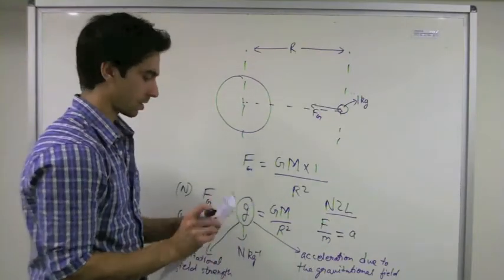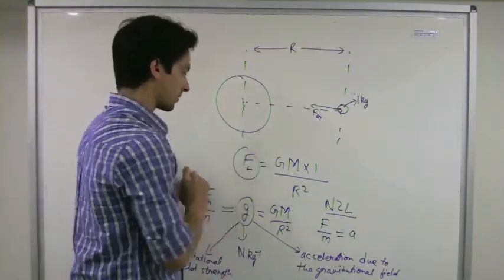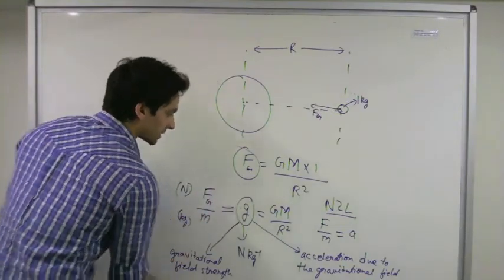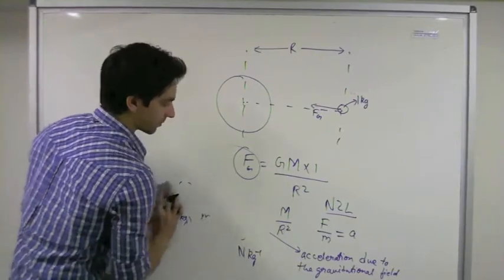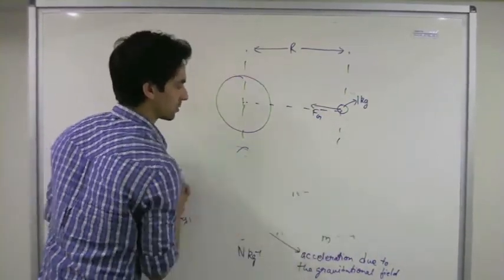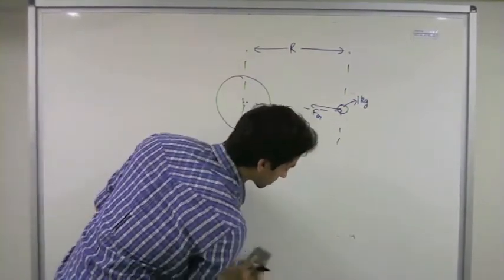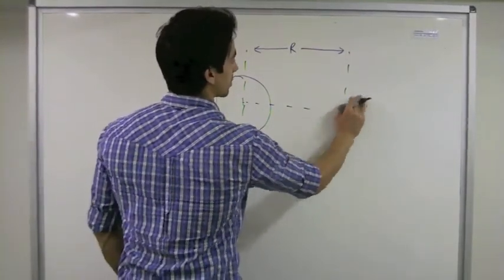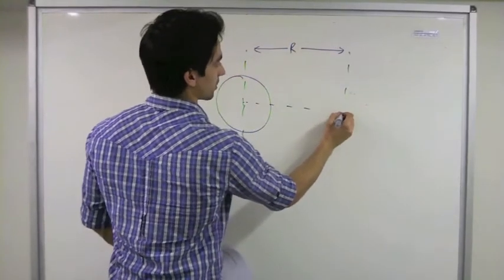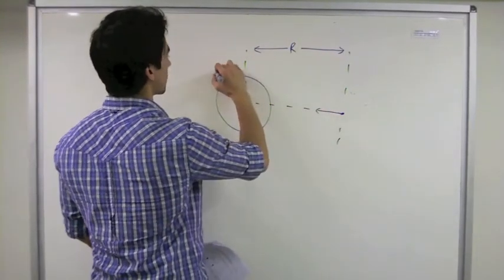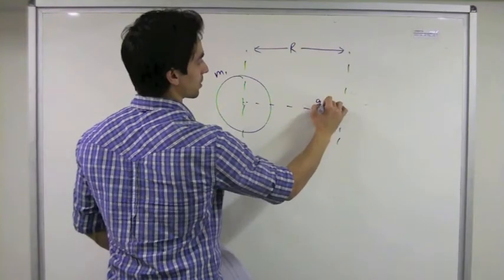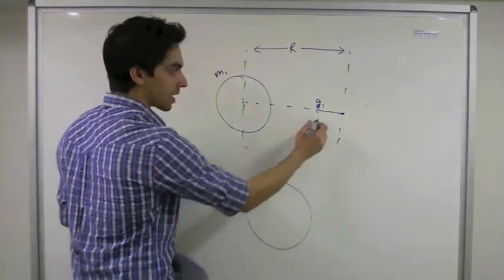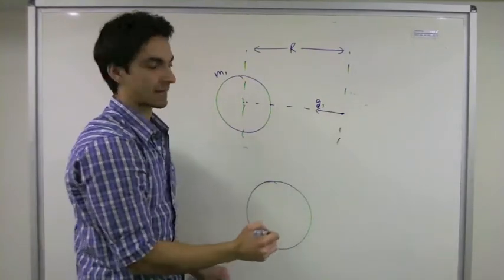Now, since force is a vector, gravitational field strength is also a vector. So let's say that I have two masses, not just one mass. The gravitational field strength at this point, due to this mass 1, let's say, is g1. Let's say I have another mass over here, and I want to measure the gravitational field strength at this point.